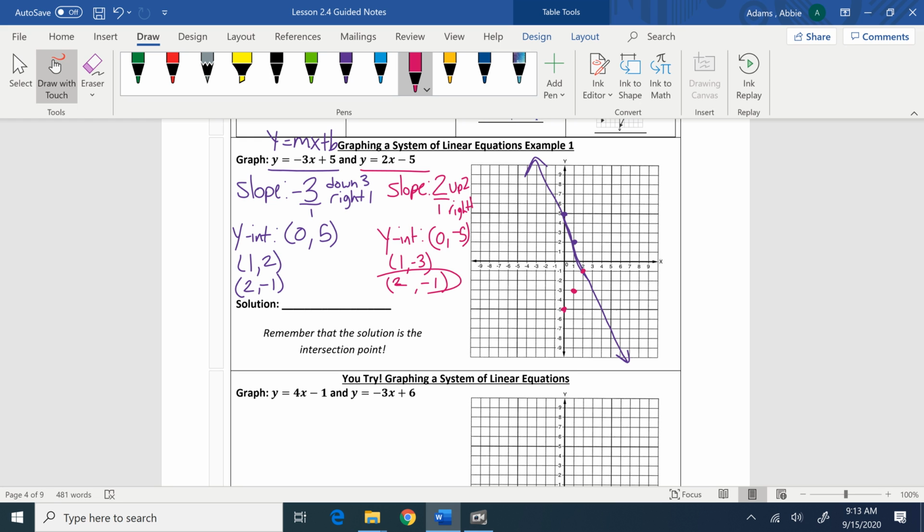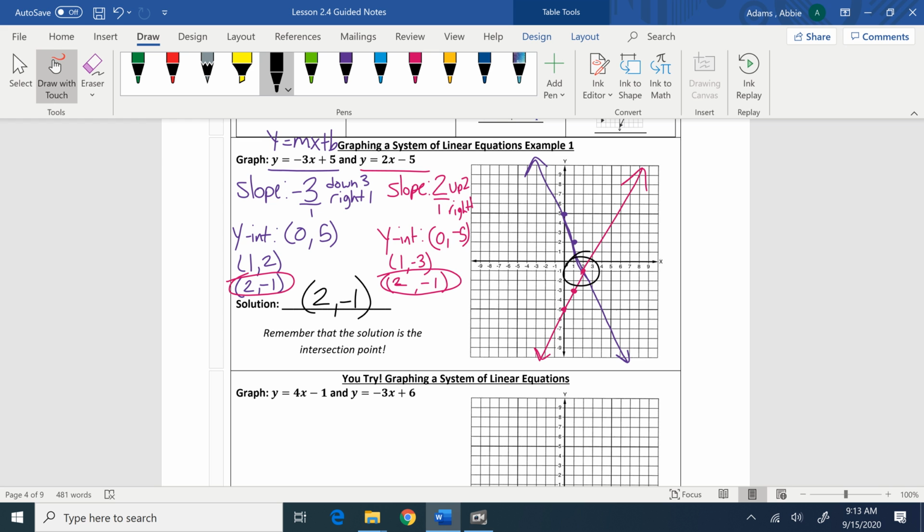If you notice, they both share this point, (2, negative 1). Guys, that's your solution. That's your intersection. If I continue on and graph this line, it's going to look something like that. Our intersection here then is at the point (2, negative 1). So that is your solution.